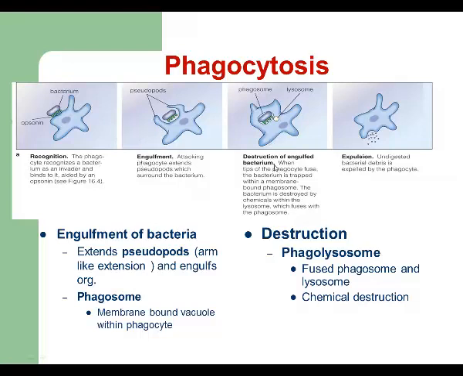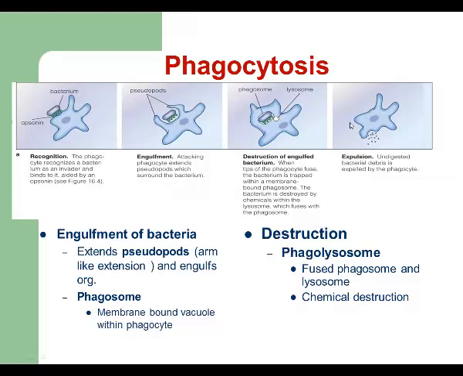The next step is called destruction of the engulfed pathogen. As soon as the pathogen gets inside the phagocyte, it will be covered with a vacuole. Then phagocytes will release enzymes. Specific enzymes will destroy the pathogen within the phagocyte. This is what we call destruction.